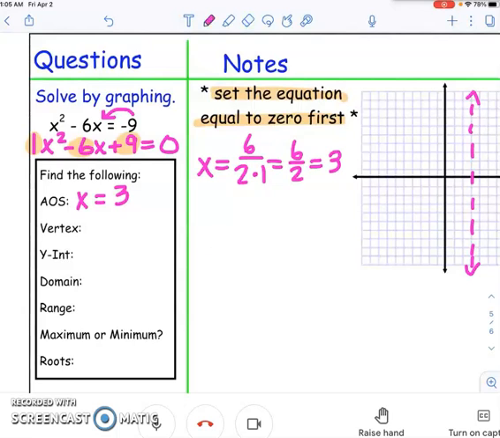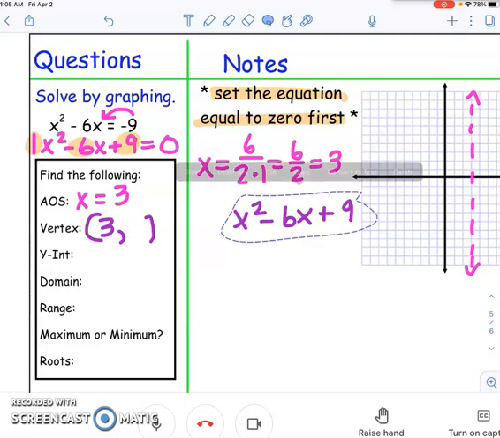Then for the vertex, we've got the first coordinate. Now it's 3. Next, I need my equation. So x squared minus 6x plus 9 equals 0. So that's just the same as saying y equals. So when you set your equation equal to 0, there, means the same thing.